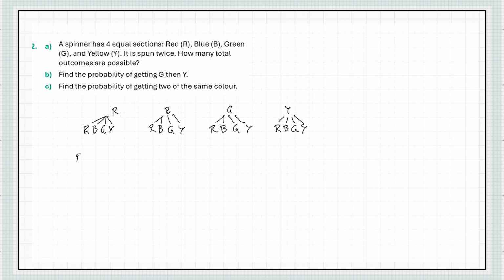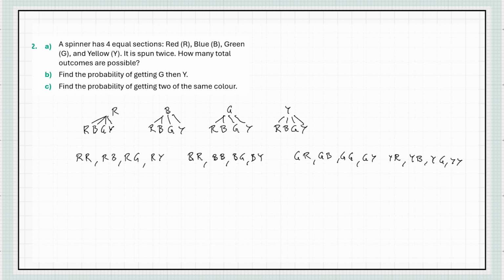So our possible outcomes are going to be red red, red blue, red green, red yellow, and then blue red, blue blue, blue green, and blue yellow, and then green red, green blue, green green, and green yellow, and finally yellow red, yellow blue, yellow green, and yellow yellow.